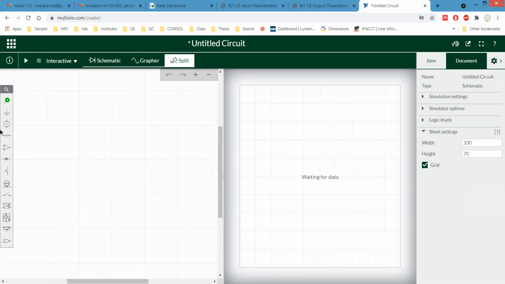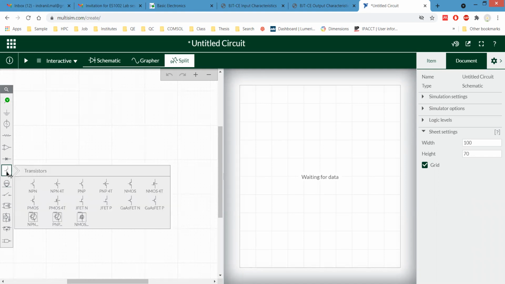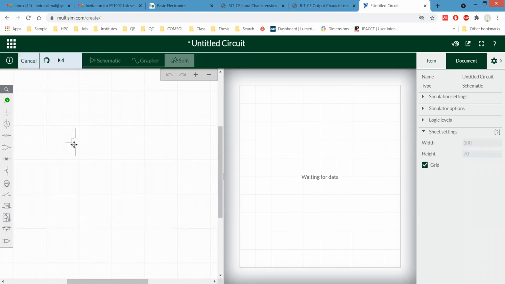So let me draw the circuit. Very quickly, we need a transistor, a BJT, an NPN transistor. Then what do we need?